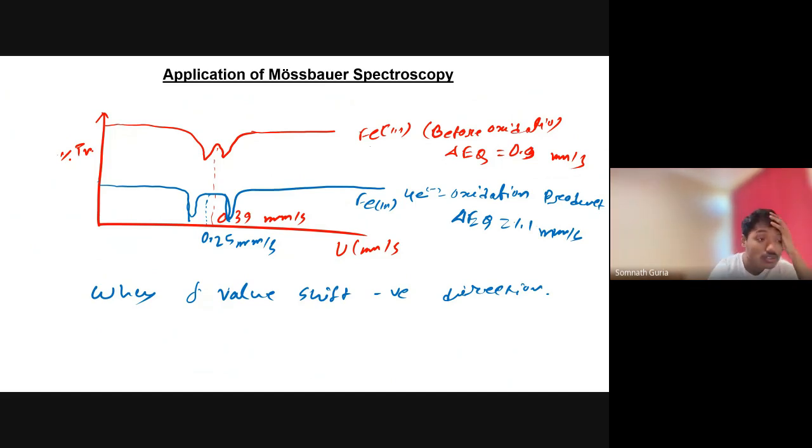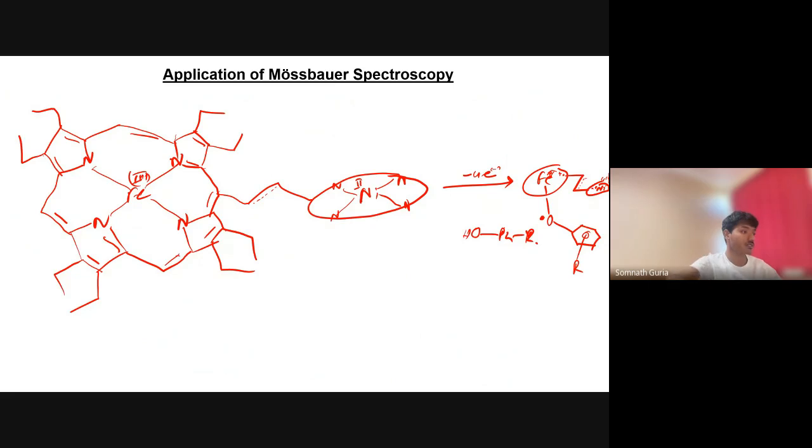Okay. Then now come to the delta EQ. In all the cases we have a similar electron distribution. And in another case, here the iron 3 is surrounded by a chloride on one side, and the other side is the oxygen.